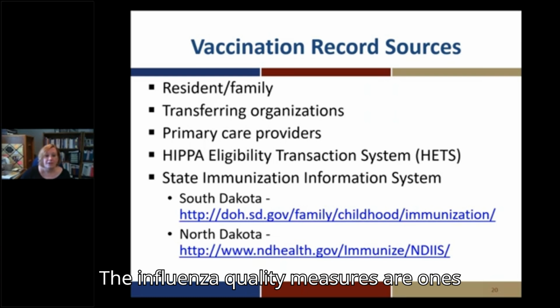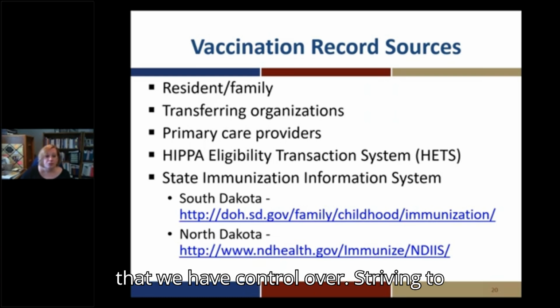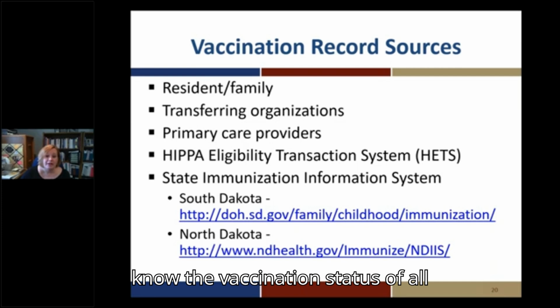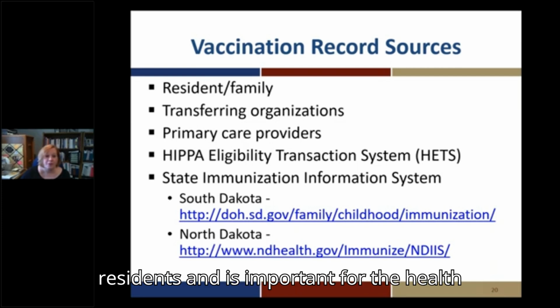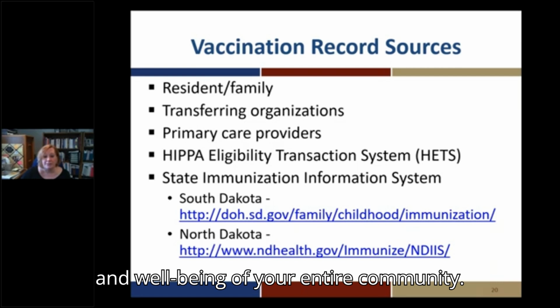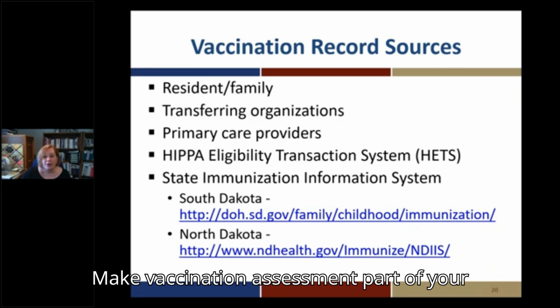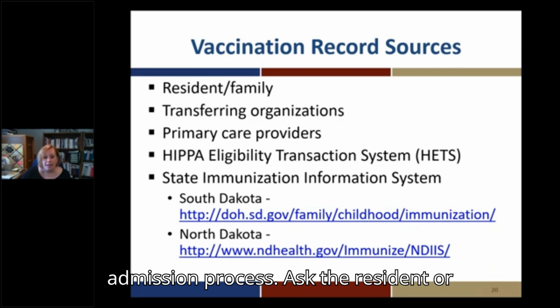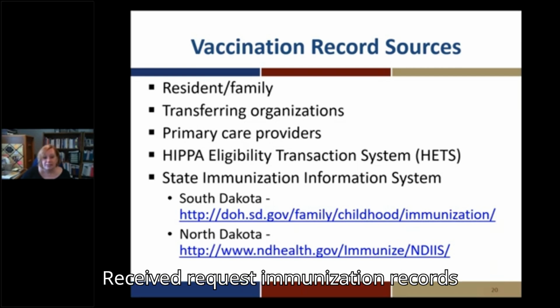The influenza quality measures are ones that we have control over. Striving to know the vaccination status of all residents is important for the health and well-being of your entire community. Make vaccination assessment part of your admission process. Ask the resident or their family if the vaccine has been received.